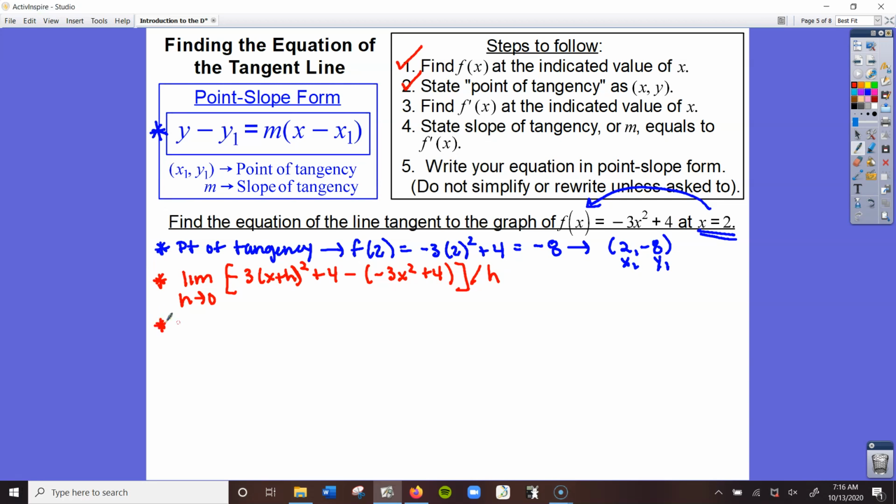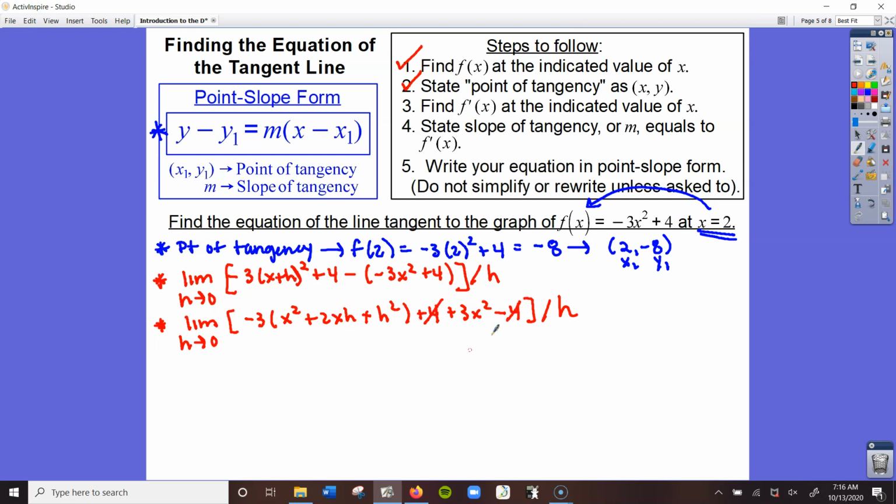Now it's time to do our distributing. So the limit as h is approaching 0 of negative 3 times x plus h squared, which is x squared plus 2xh plus h squared, plus 4, plus 3x squared minus 4, and everything is all over h.